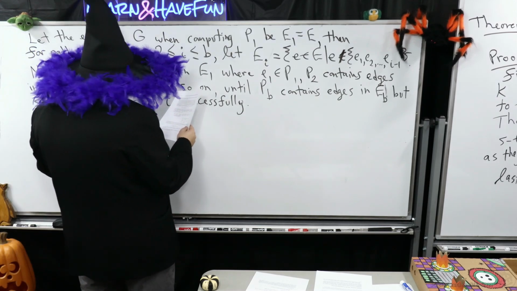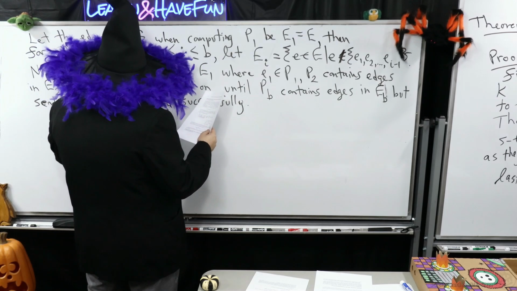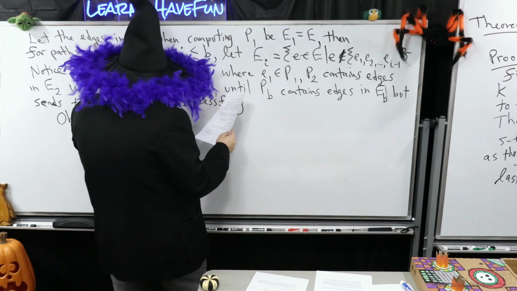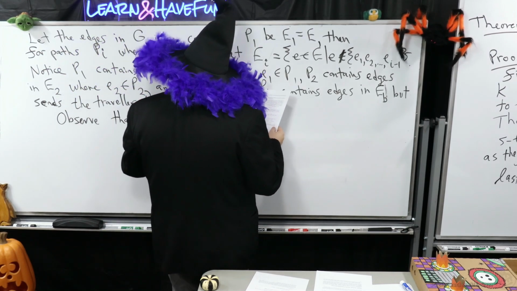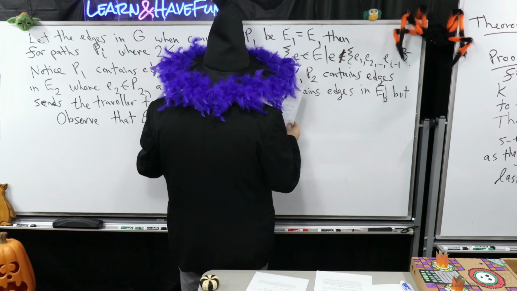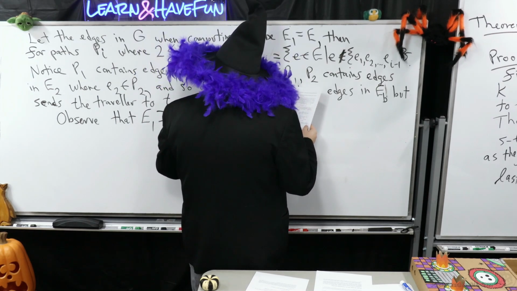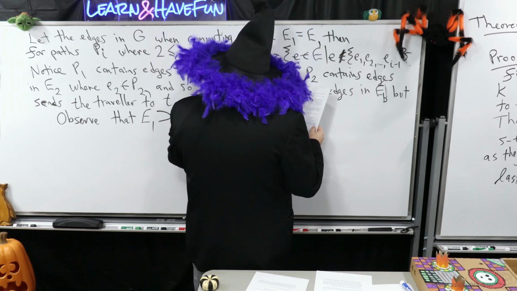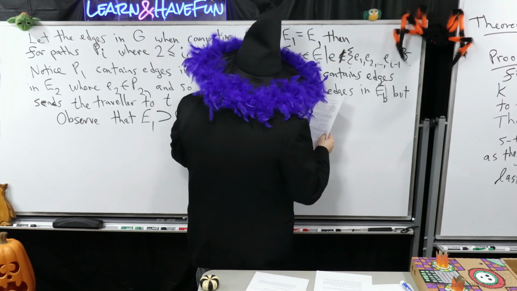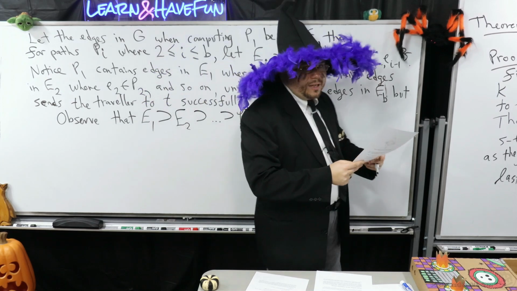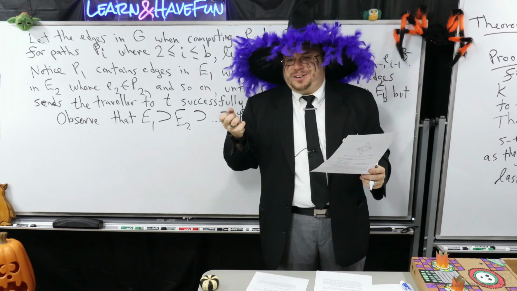Observe that the set of edges in E1 is a superset, meaning it contains more, it has an edge that differs from E2, but it has all the edges in E2. And so on for all of these sets of edges. Because remember, each time I take away a trap edge, right?